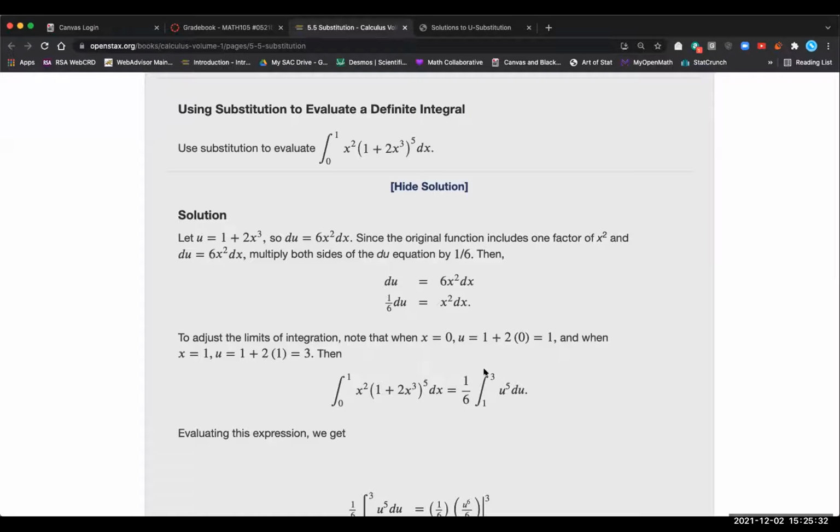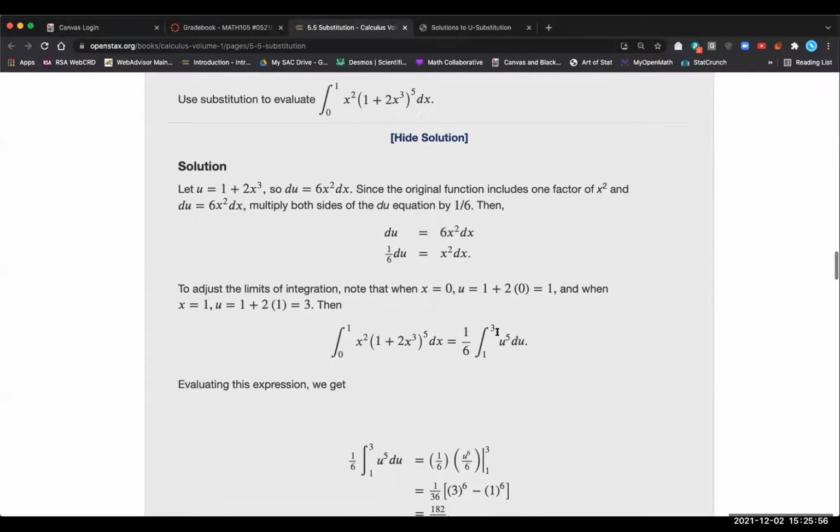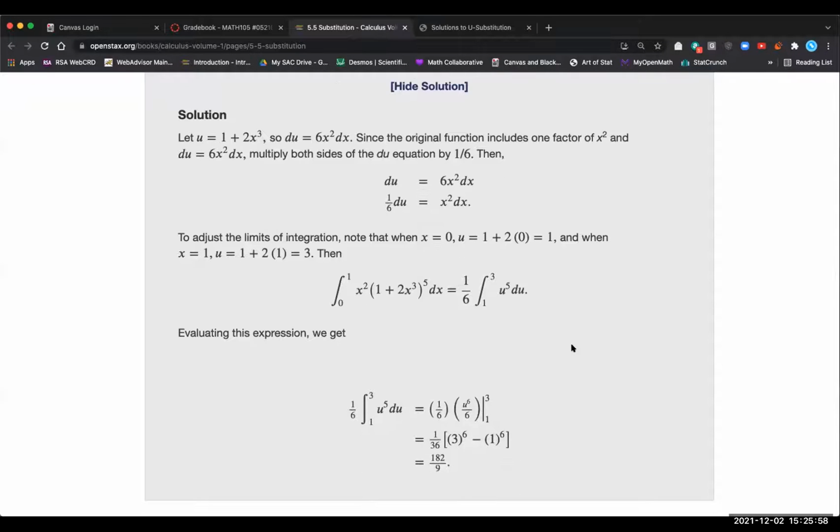It changed because these were x values, and now we're integrating with respect to u. And we learned that u is equal to, on this problem, 1 plus 2x cubed. So you substitute 0 and 1 in here. You plug 0 in here, you get 1. You plug 1 into here, you get 3. And so that's where your new limits of integration come into play. And so you end up with this here.